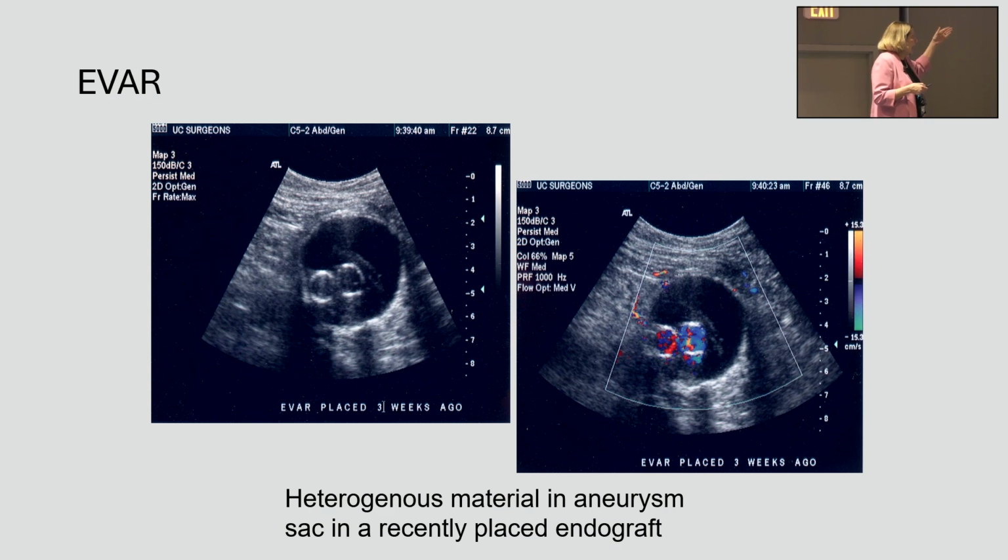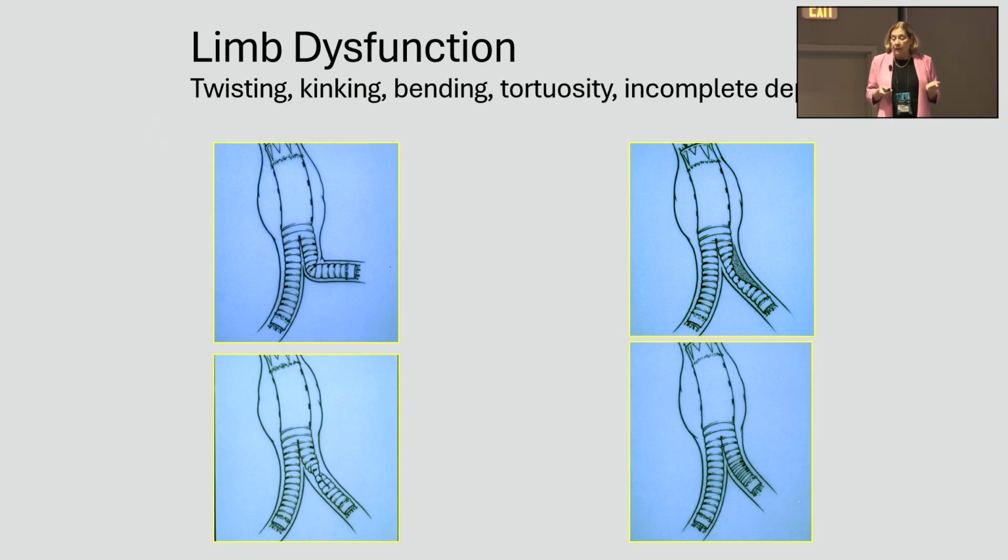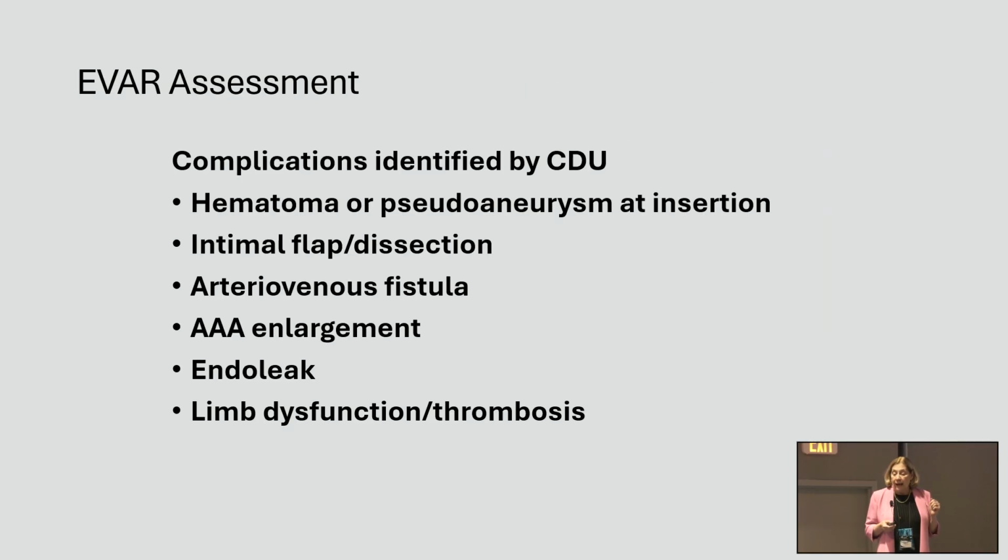And if you see blackened areas like blood flow in the sac, you want to at least sample them. We can see limb dysfunction, and I have given you a rundown of what you might see. Know that they've gone in with some rather big instruments, and so you want to look at the insertion site for hematoma, for flaps, or for dissections in the arteries that they've gone through.